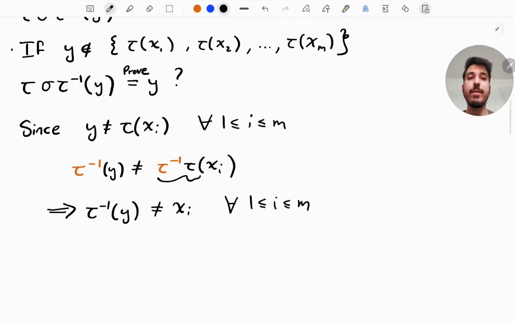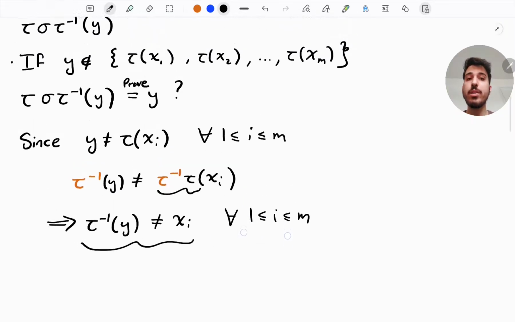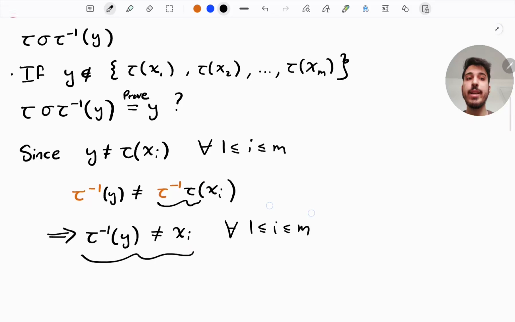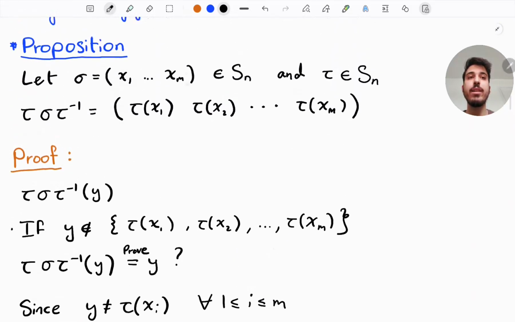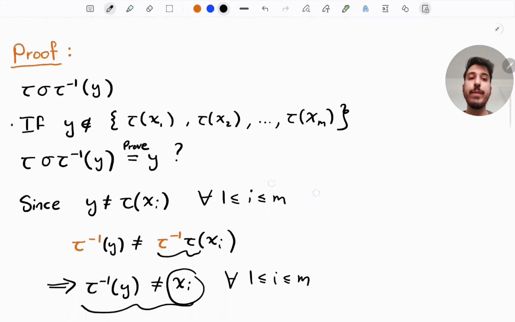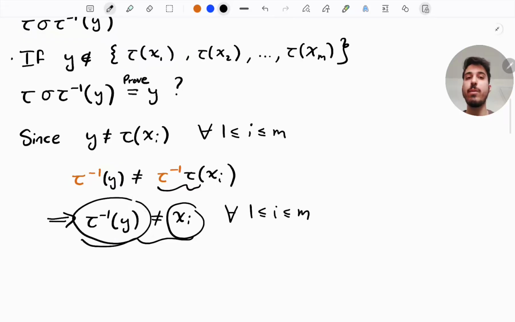So because tau inverse of y does not appear in any of the x's in the cycle of sigma, that means sigma has to fix tau inverse of y.